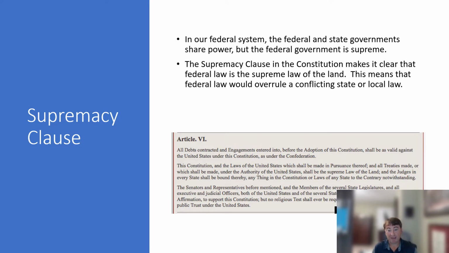I also live in the county of Lexington, so it's both a town and a county. And the county of Lexington has a county government. So where you live, that may be the case as well. That would be local governments. Ultimately, the federal law is supreme. It is the top dog.